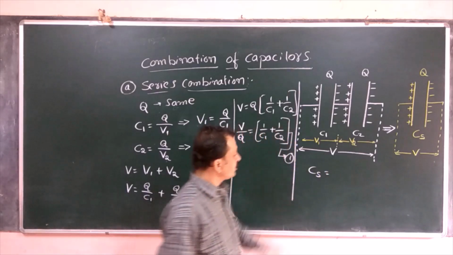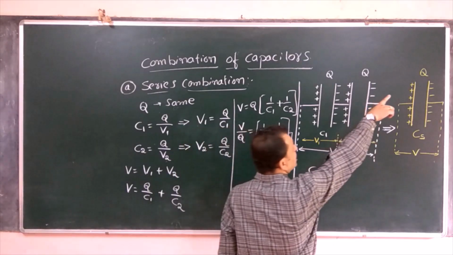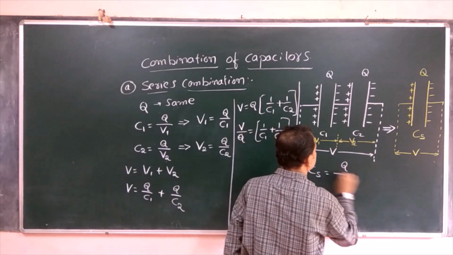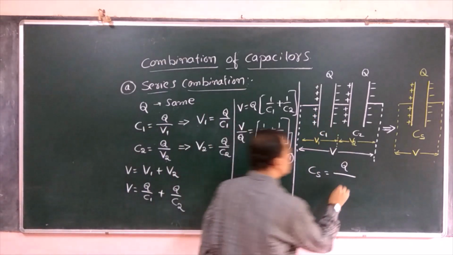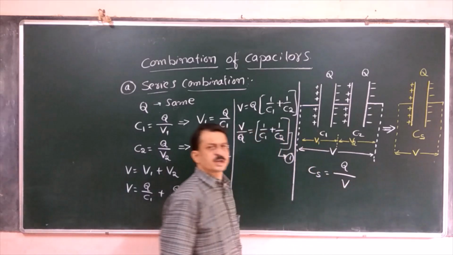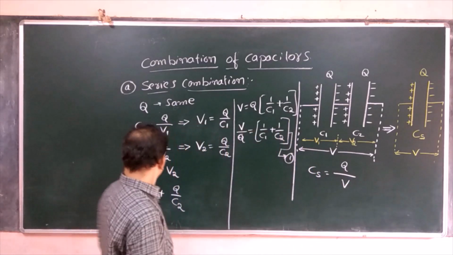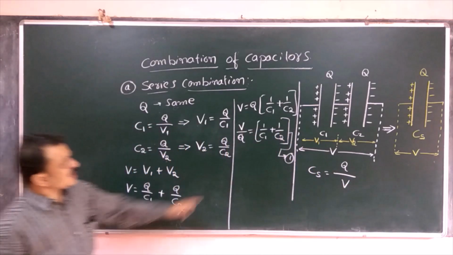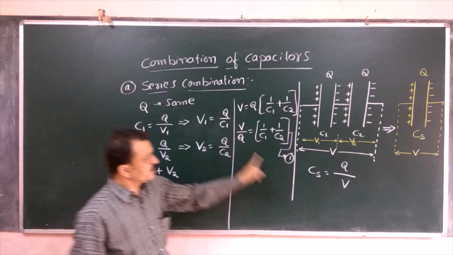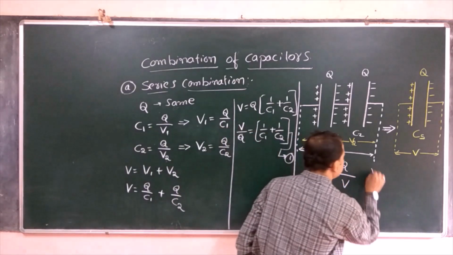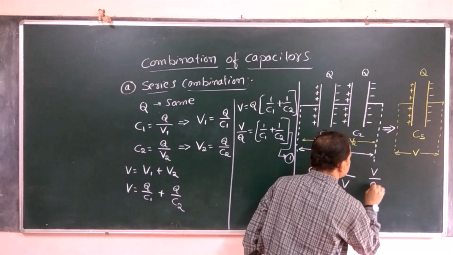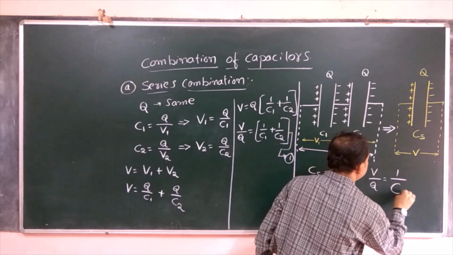Now CS, the effective capacitance, is equal to the charge, which should be the same as in the system, divided by the applied voltage. But here I am having V by Q. Now here it is Q by V. Therefore V by Q becomes 1 by CS.